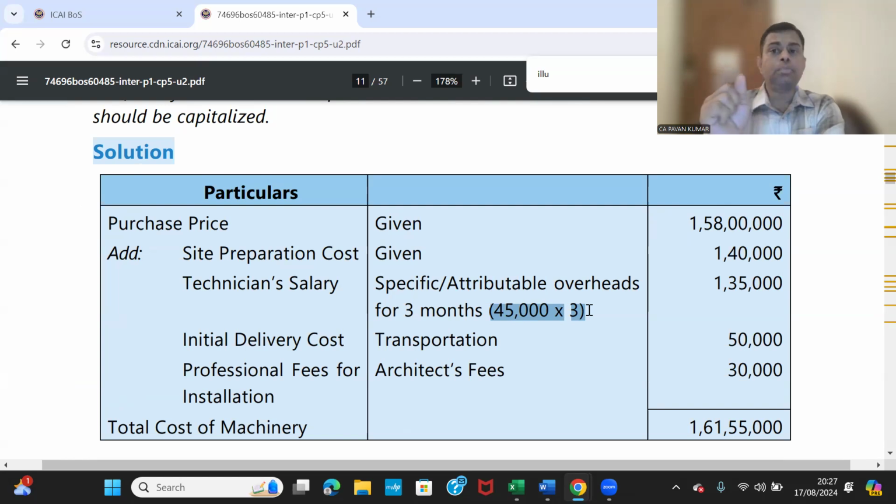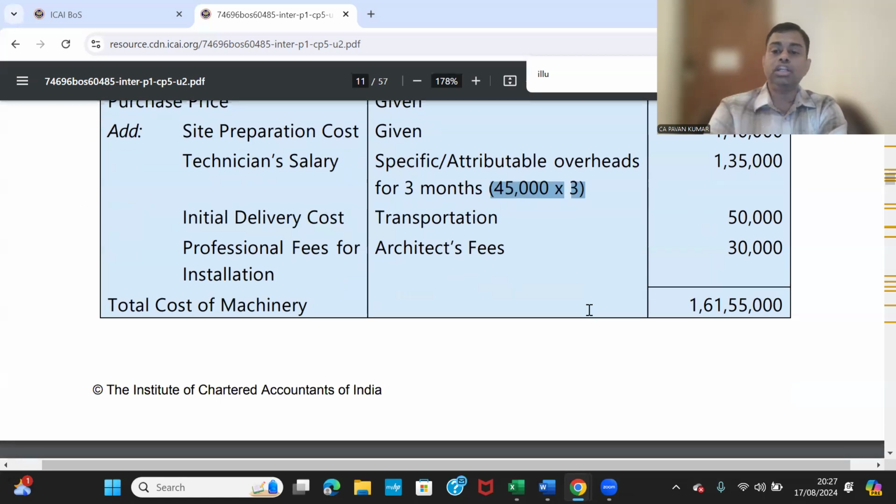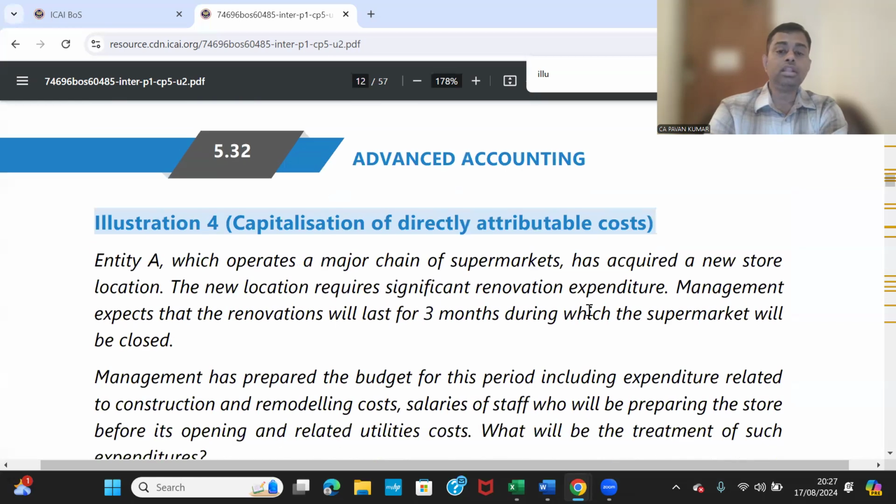So the actual cost paid to the employee can be capitalized. But if there is any internal transfer pricing or markup which increases the cost, you cannot say, Pavan sir, anyway, the construction department is paying 45,000 to the other department. No, only the actual cost can be capitalized. This amounts to recognition of internally generated profits. Not allowed. So are we done with this question? Can we go to the next question?